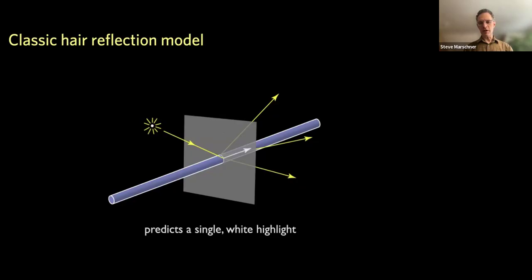What you end up with is all the rays going out having the same inclination to that perpendicular plane as the ray that came in. And so you have a cone, which people call a specular cone, that's reflected from a fiber. This is really simple to make a shading model for, and the famous early work of Kajiya and Kay made a Phong shading-like model on this idea that they used for their early work on fur.